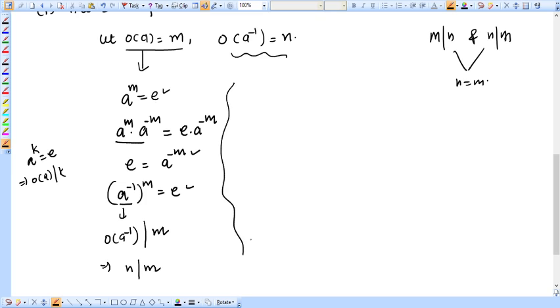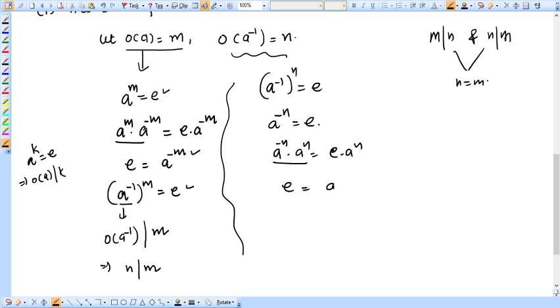Secondly, you see what is the order of A inverse. Order of A inverse is N, this implies power of this would be identity element, so we can write A raised to power minus N is equal to E. Now again multiplying both sides by A raised to power N, we get identity on the left and A raised to power N. This implies A power N is equal to E. This implies order of A divides N. And what is order of A?